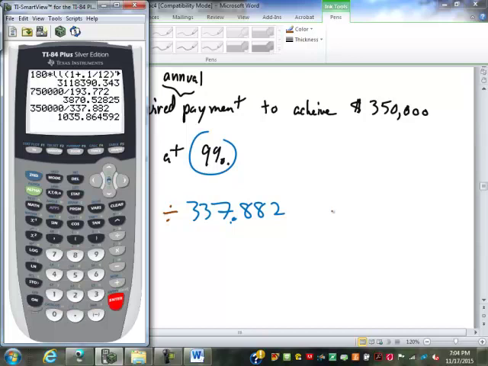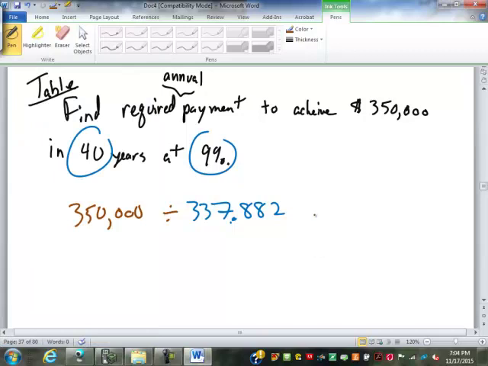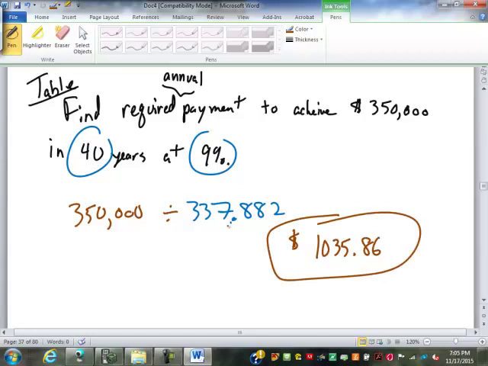Gives us 1,035.86. So over 40 years, you'd only have to put away a little over $1,000 a year to have 350,000.